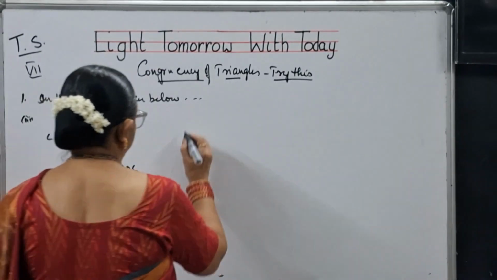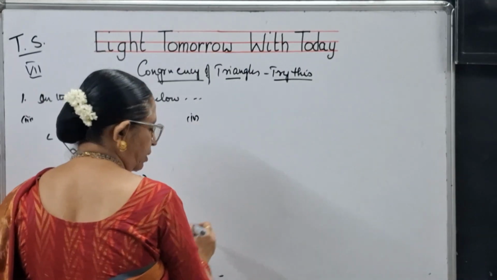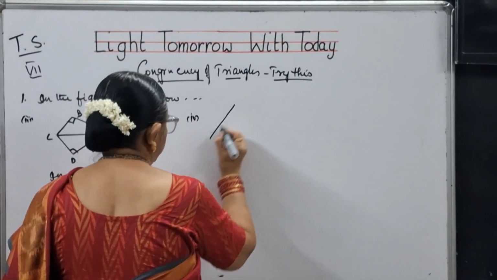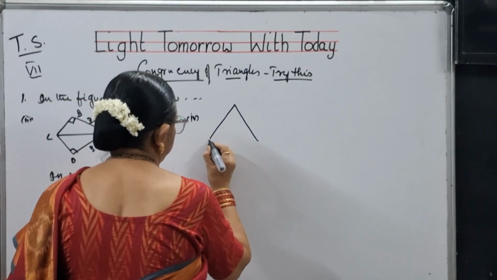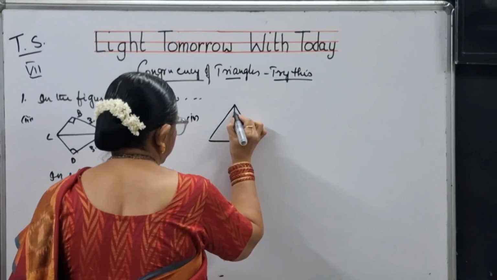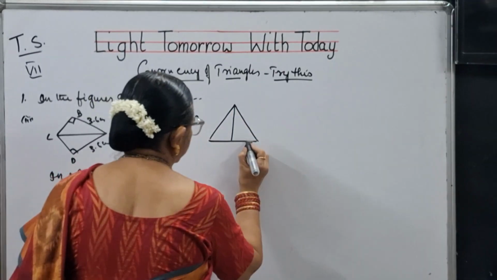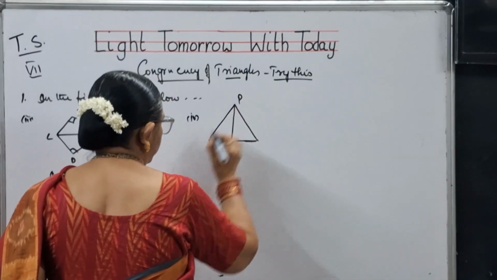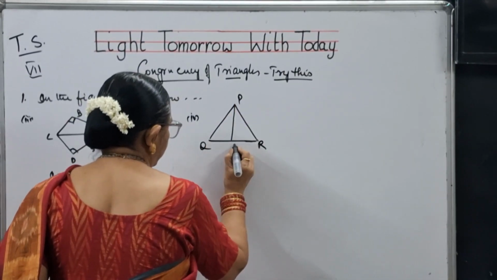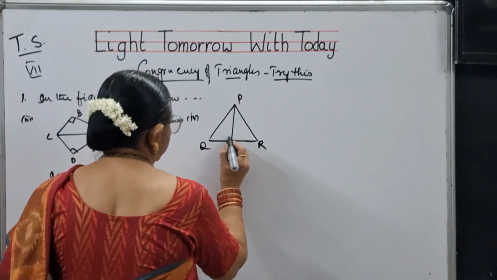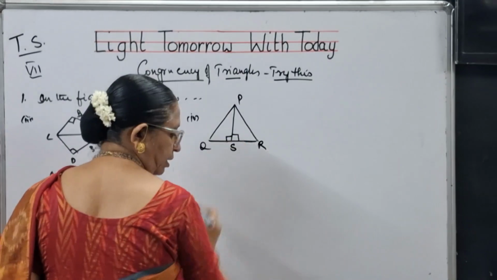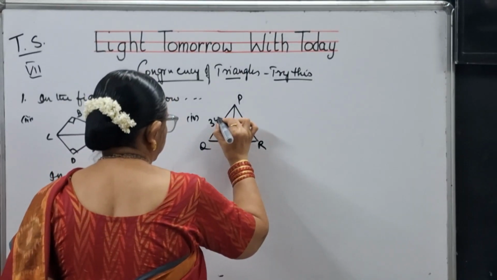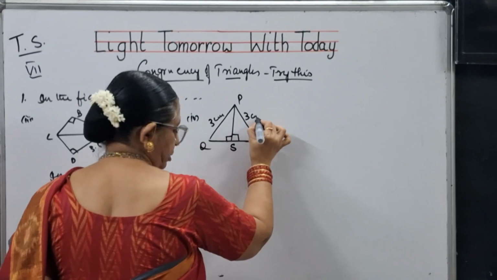This is the third one. And the fourth figure, you have got a triangle in this way. This name they have not mentioned, children. This is PQR. Let me write it as S. This is 90 degrees. This is 90 degrees. 3 centimeters. 3 centimeters.